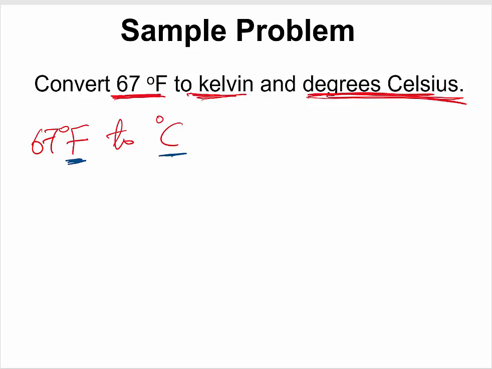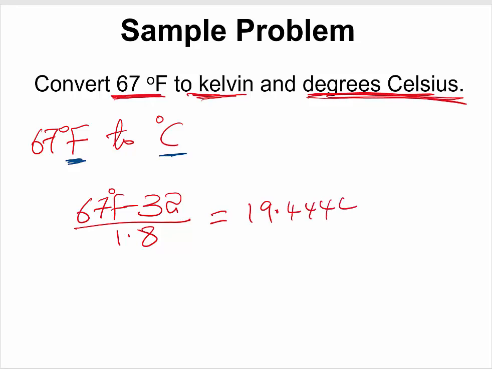So, how do we get something smaller in value? We first subtract 32 from the Fahrenheit measurement, and then we divide by 1.8. My calculator gives me 19.44444 and so on. This will now be in degrees Celsius, which is the same thing as 19.4 degrees Celsius. It is always a good idea to round temperatures to 1 decimal place.